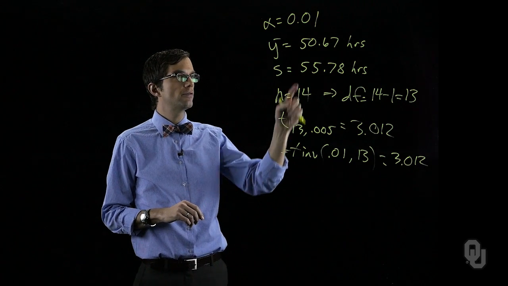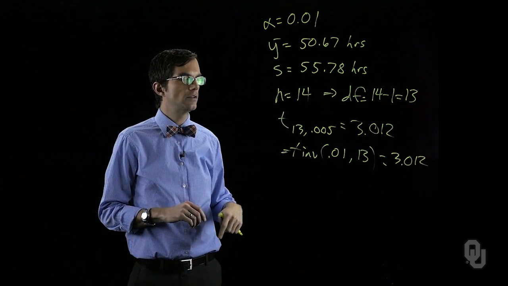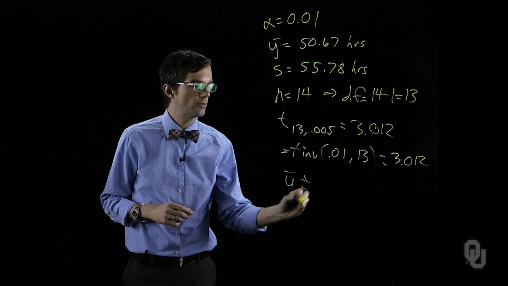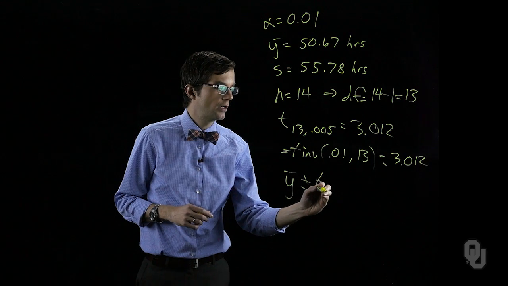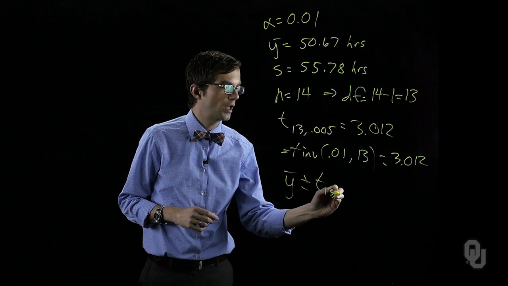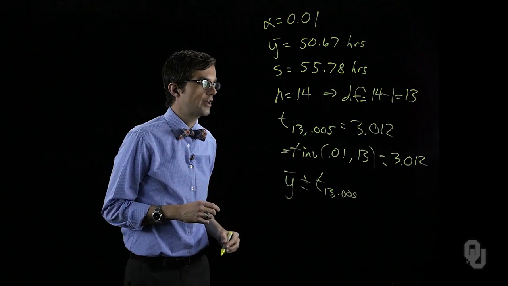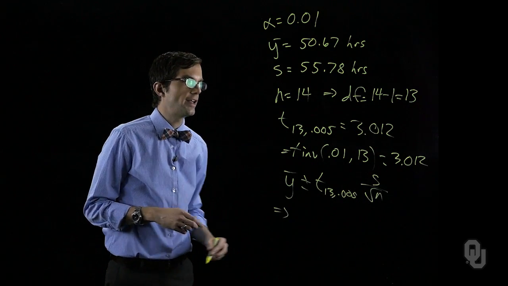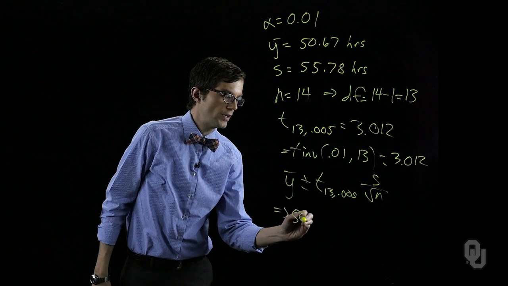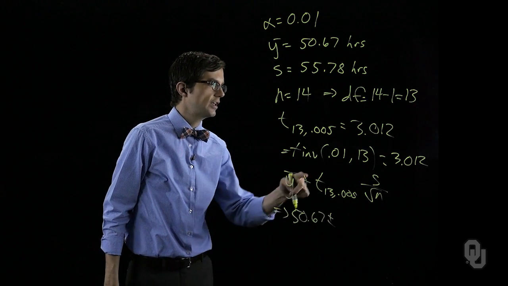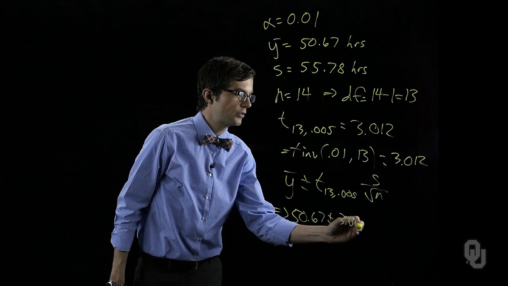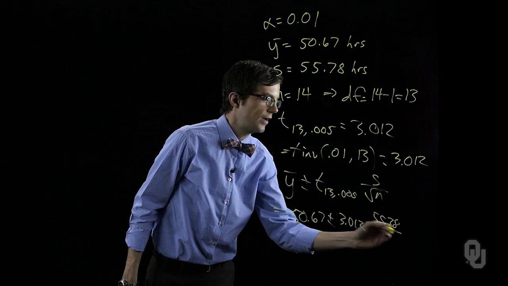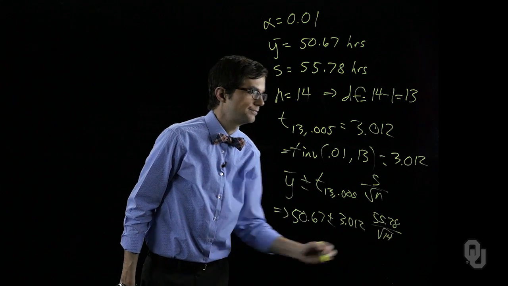So now we have everything that we need to calculate this confidence interval. That confidence interval, again, is y bar plus and minus t for degrees of freedom 13, 0.005 in the tail, times s over root n. That is y bar 50.67 plus and minus t 3.012 times s 55.78 divided by root 14.